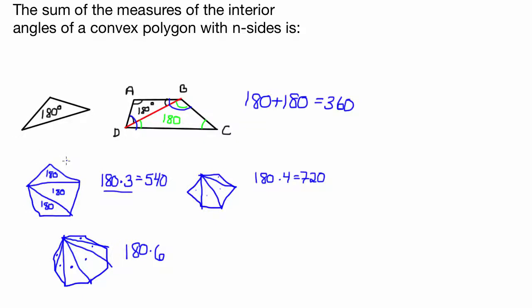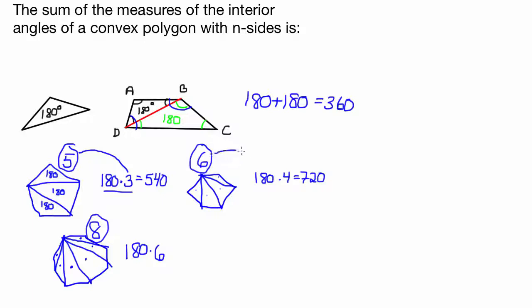This was a pentagon, so it had 5 sides. This was a hexagon, so it had 6 sides. And this was an octagon, so it had 8 sides, okay? So what do you notice about the sum of the measures of the interior angles? Well, it's always 180, and notice, when we had a 5-sided polygon, we multiplied it by 3.